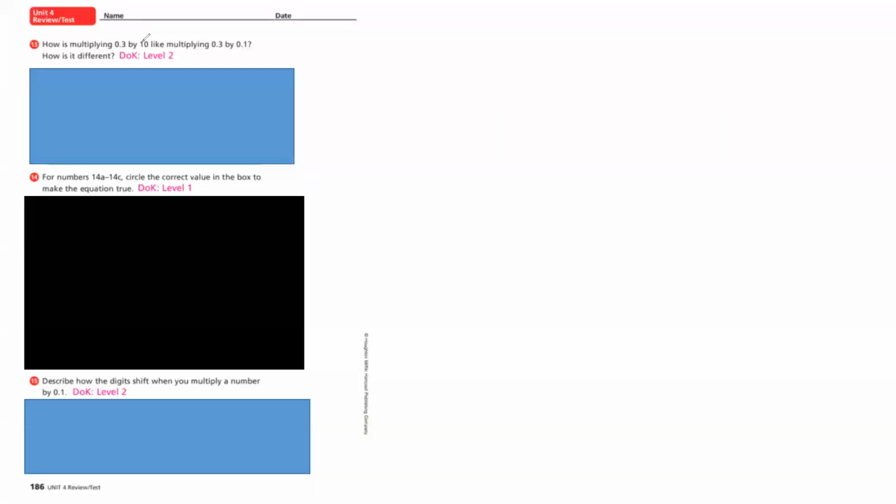They're both multiplying by powers of 10. This is getting 10 times bigger, which is taking the decimal and moving it out. So this is turning into 3. This is getting 10 times smaller because 1/10 of a number is the same thing as dividing by 10, or making it 10 times smaller.